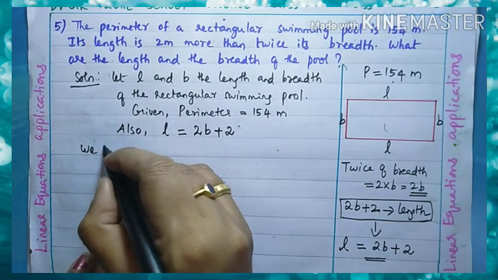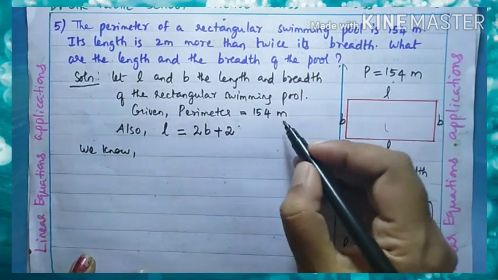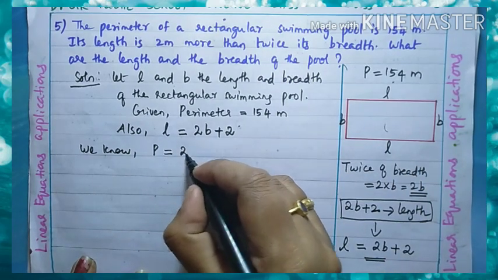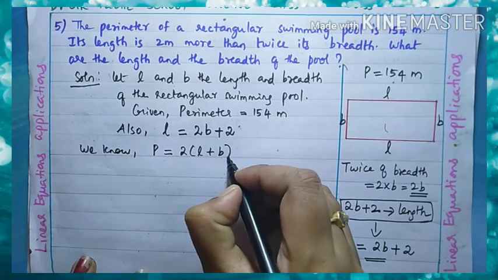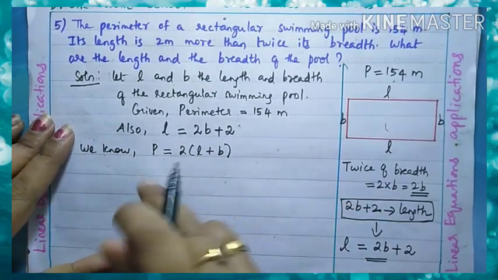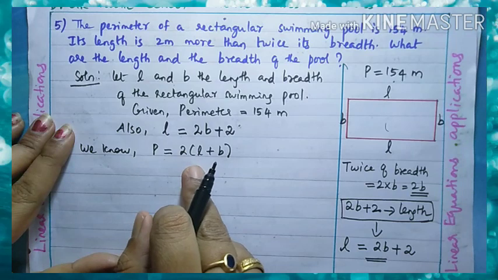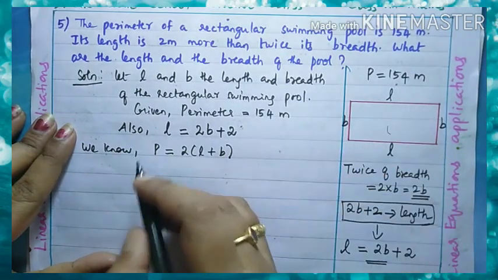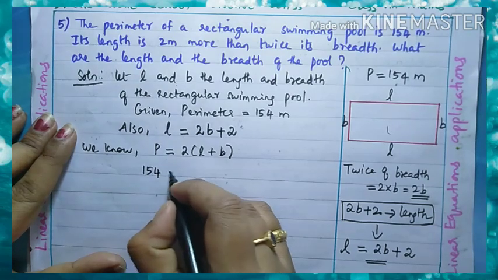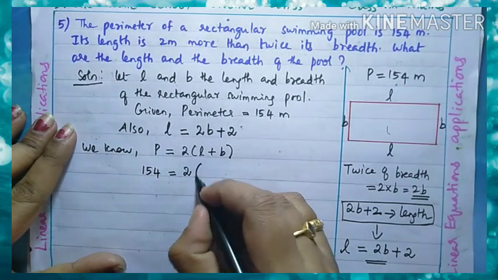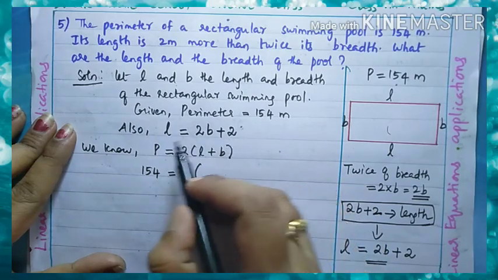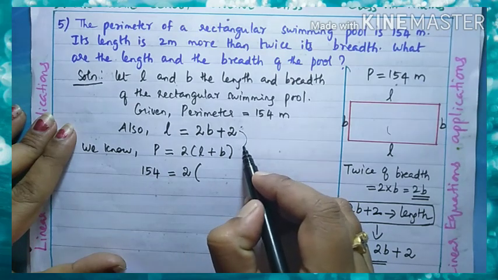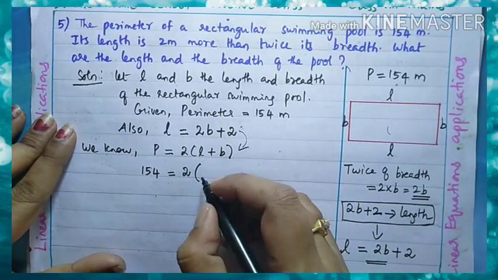Now we know the formula for perimeter. Perimeter is equal to 2 into (L plus B). We did this in the previous problems. Now put in all the values we know and find the unknown quantity. P is given as 154, so 154 equals 2 into (L plus B). L equals 2B plus 2, so this we put in the formula.